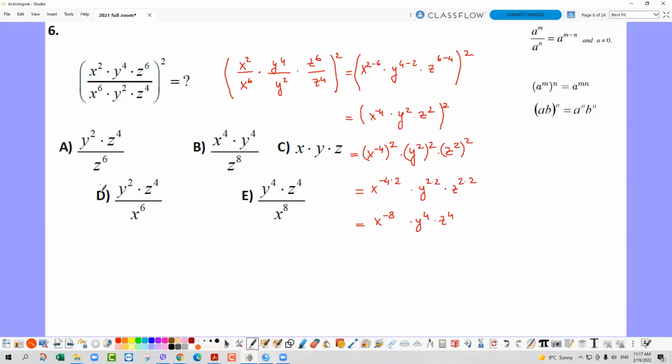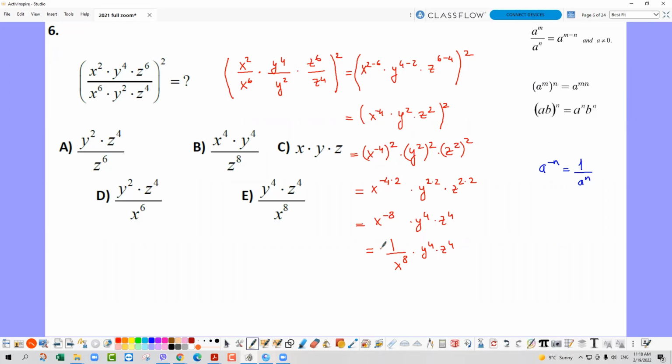As you see, we don't have any answer like that, but we have this one. As a rule, it is not written here, but I can write it: a to the power of minus n is equal to 1 over a to the power of n. So this x to the power of minus 8 can be written as 1 over x to the power of 8, because of the rule, times y to the power of 4 times z to the power of 4.